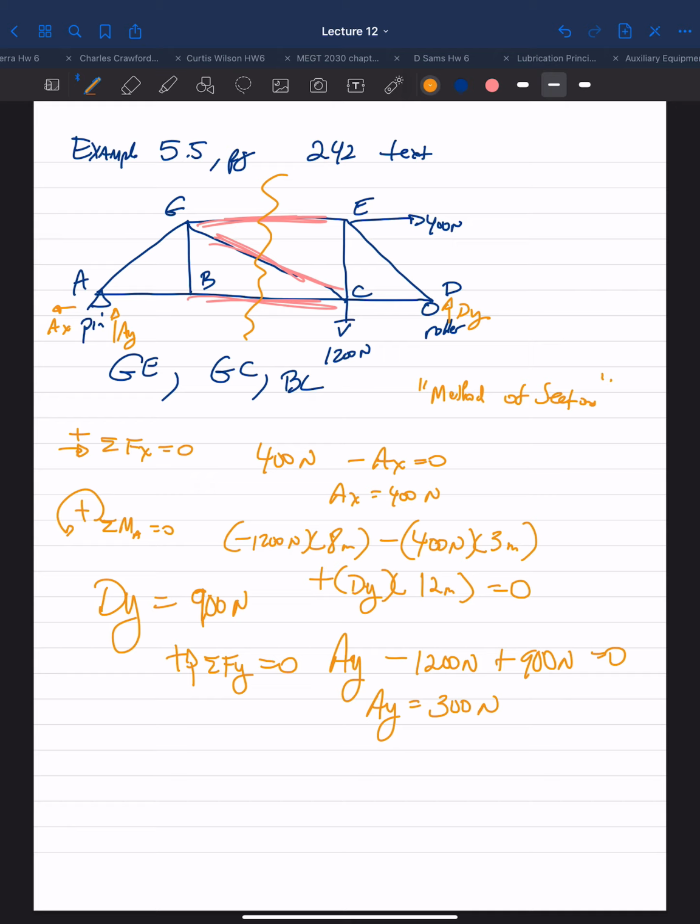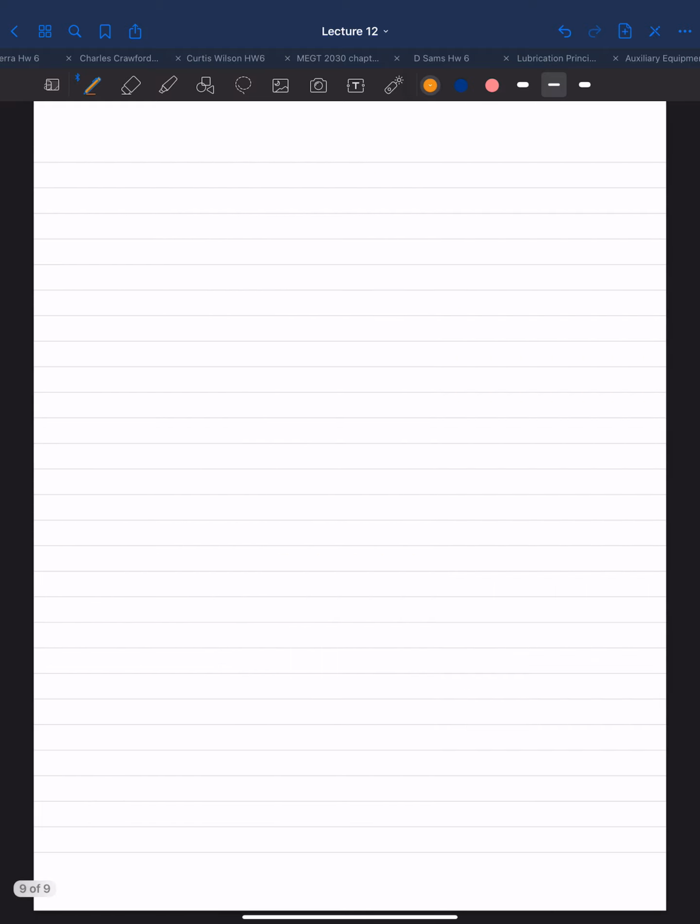What side is easiest to solve? Well, if we cut here, we only have AX and AY forces to deal with, which are 2. If we use the right side, we have 3 forces to deal with, the 1200, the 400, and 900. So let's deal with the left side of the cut because it has fewer forces. So let's redraw it.